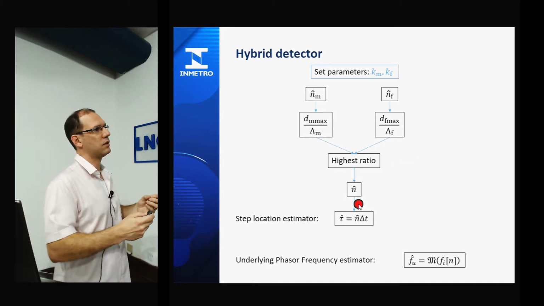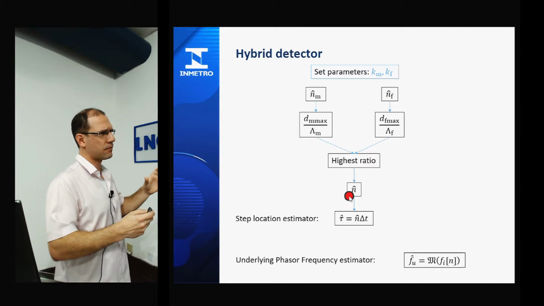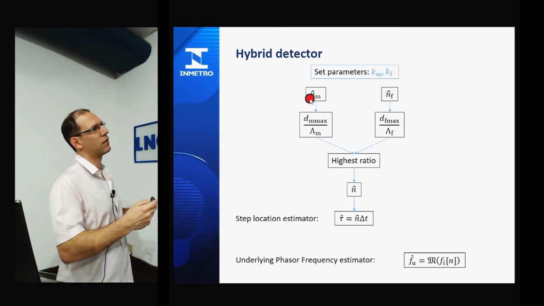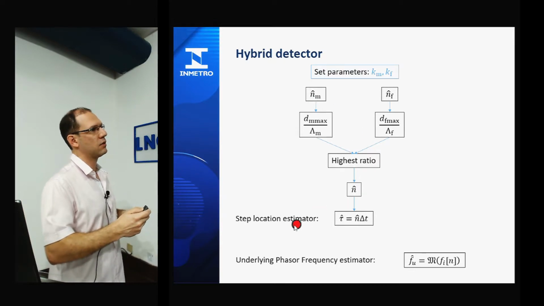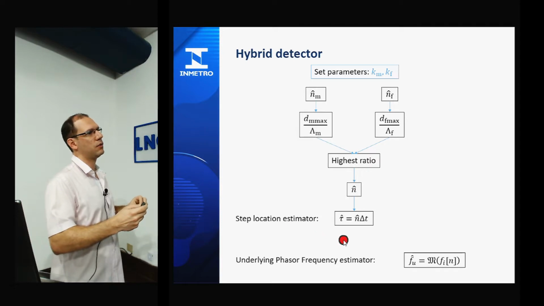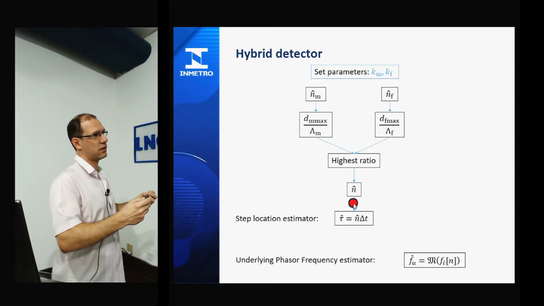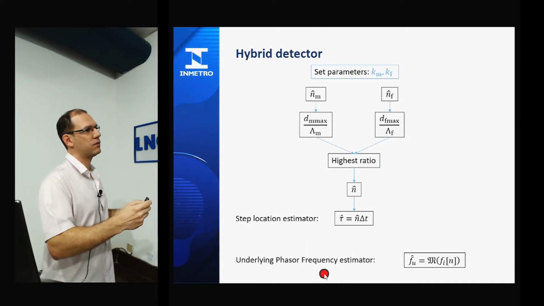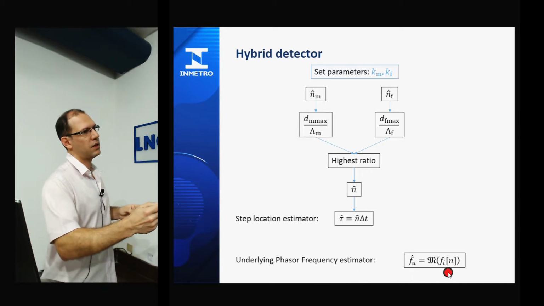So n hat will be the index with the highest ratio. The step location estimator from the hybrid detector will use the index with the highest ratio to calculate an estimate for tau. And we can also have an underlying frequency estimated by the median of the instantaneous frequency.